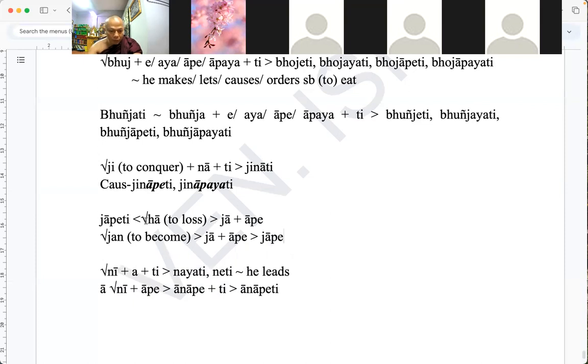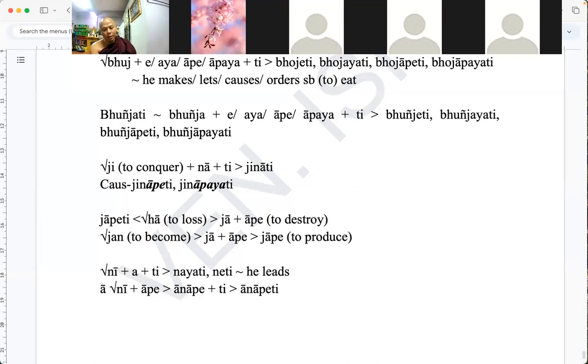Now here, from the root ha meaning to lose, Jabi means to make somebody lose, that means to destroy. Now Jabi is to become. So the meaning is cause to become, but that is to produce. To produce in this way.